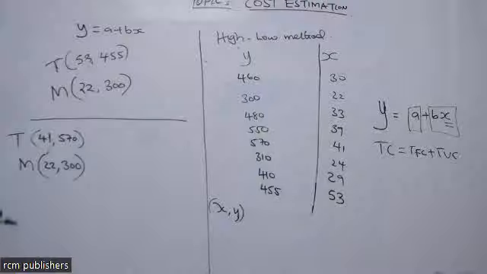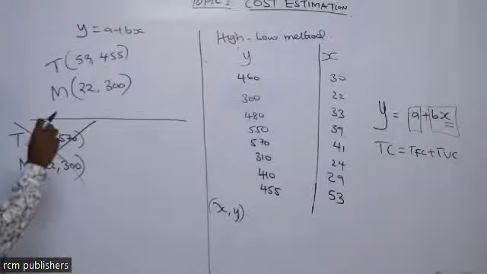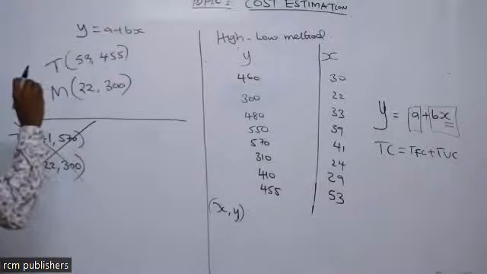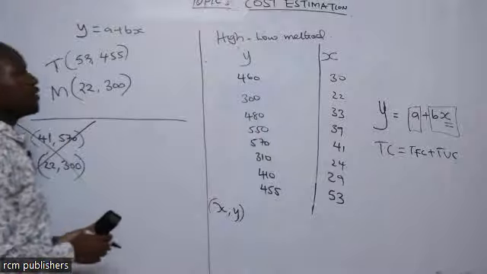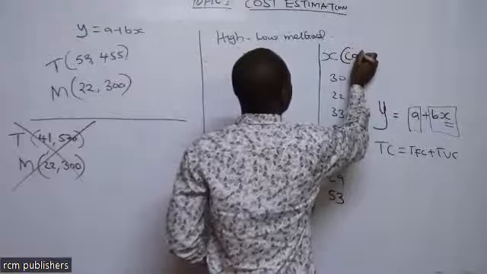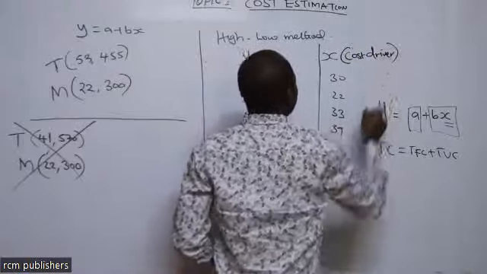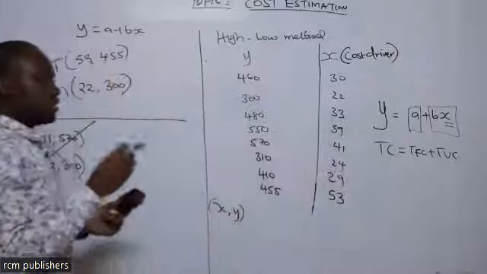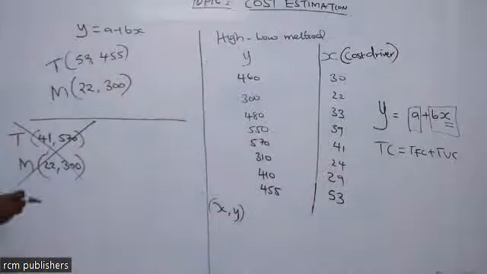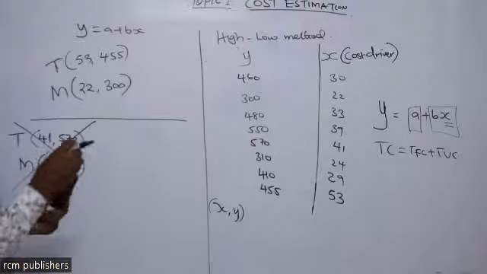So as we now move forward, this one here is wrong. We consider the highest and the lowest value using the cost driver. Call this X, or cost driver. It is independent. It tells us what the total cost will be. The fixed cost does not change.